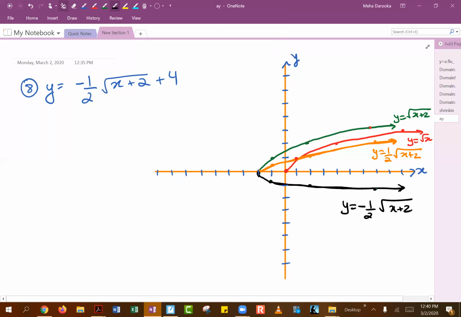Okay, so that should be your reflection mix. And then the final function was where we moved all of these points 4 units up.